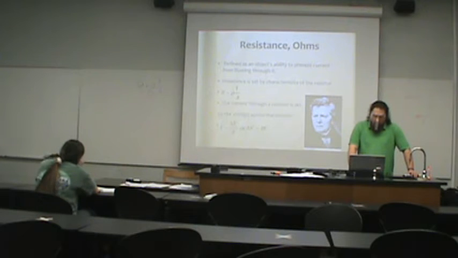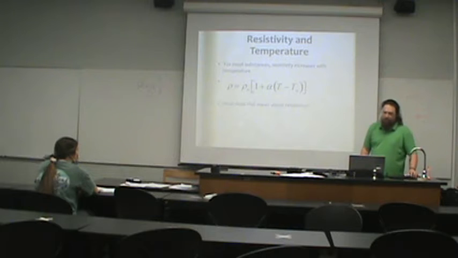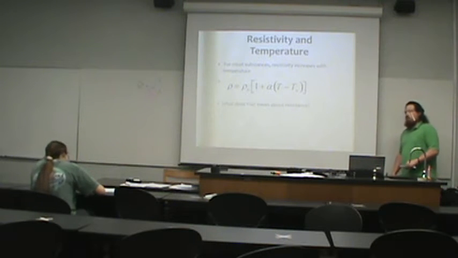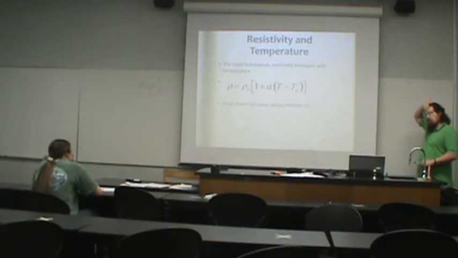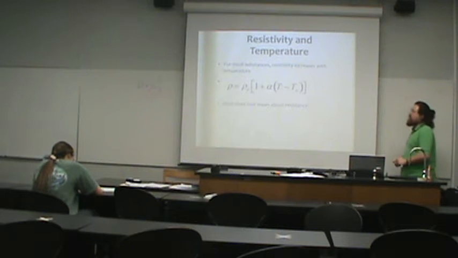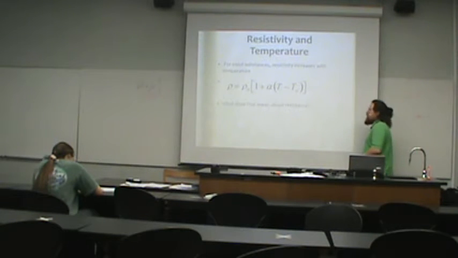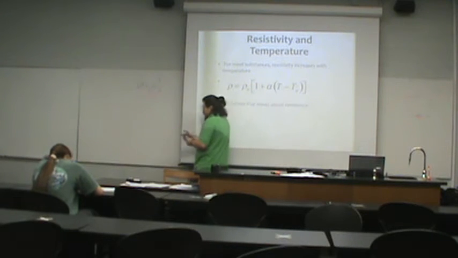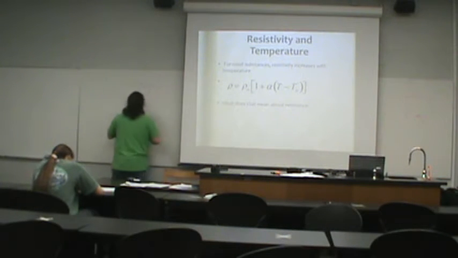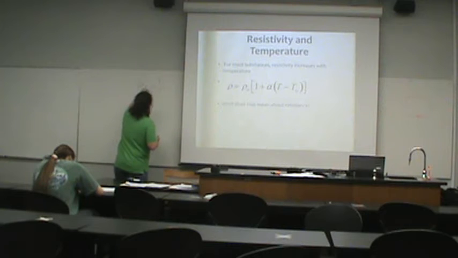There's one variable that's not in this formula though because it's in the sister formula, and that's temperature. I at least mentioned that the hotter something is, the worse it conducts. Things resist more when they're hotter. And how we factor that in is through this resistivity constant. So I'm going to start labeling all of these terms.